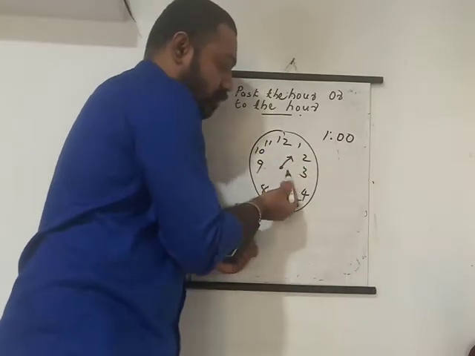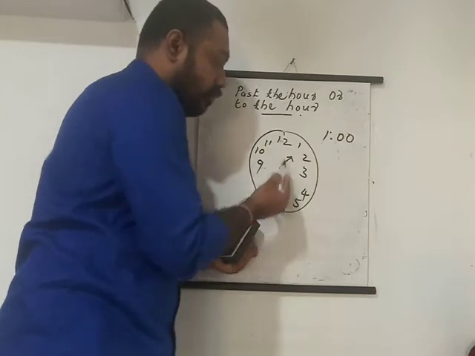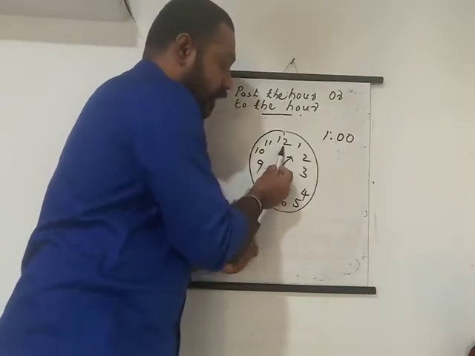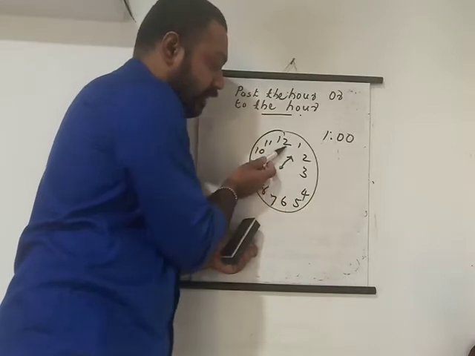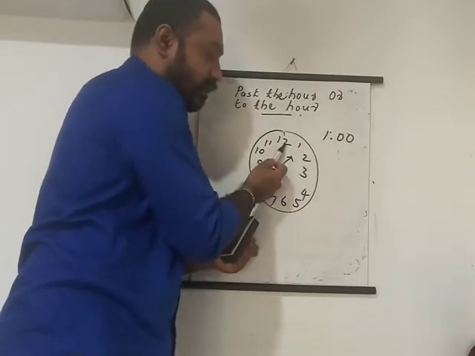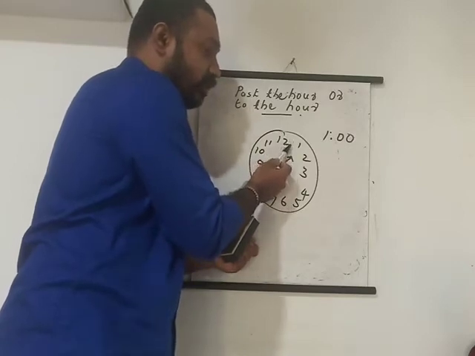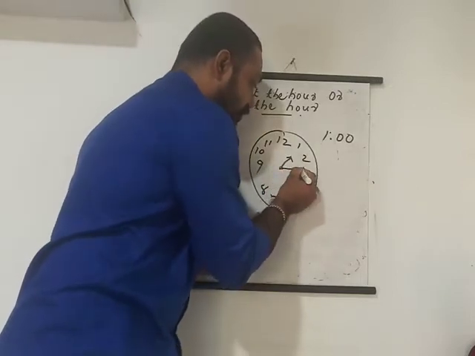So when this minute hand moves to the 1, it is 1:05, isn't it? Then 1:10, 1:15. This is the thing.